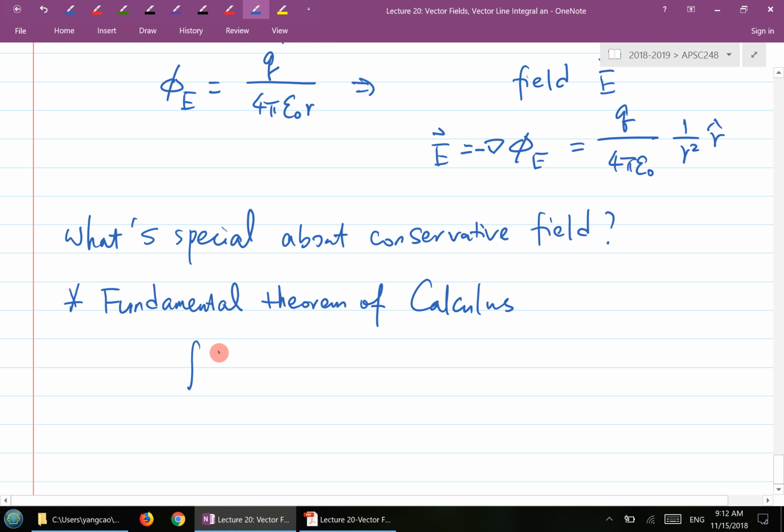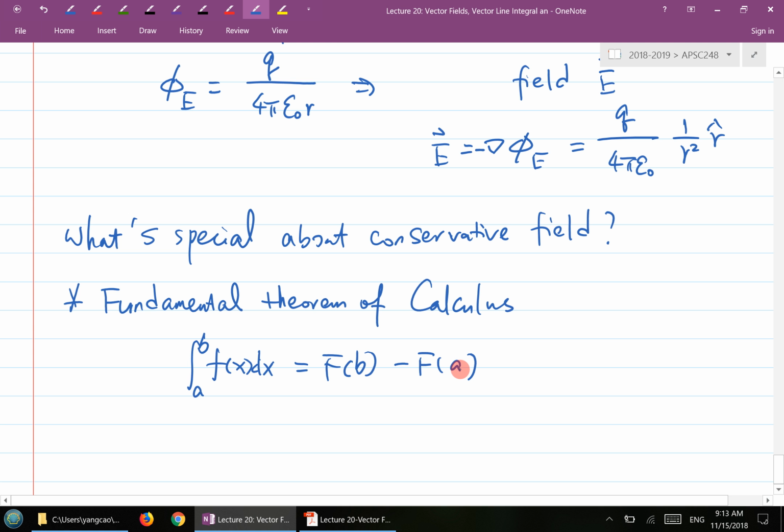That's right. If you have an integration from A to B, this equals the antiderivative at the B location minus its value at the A location. That's the fundamental theorem of calculus.